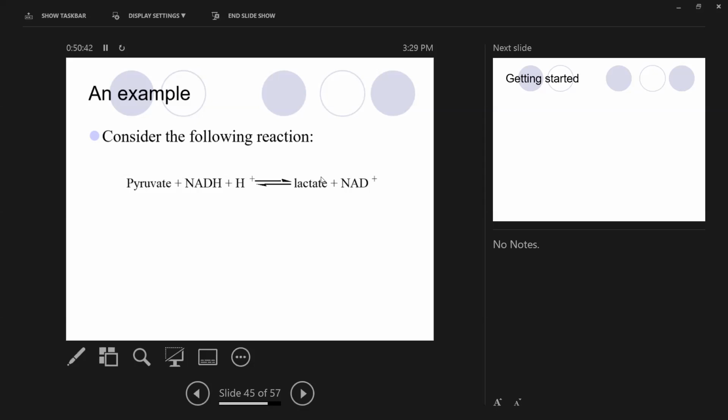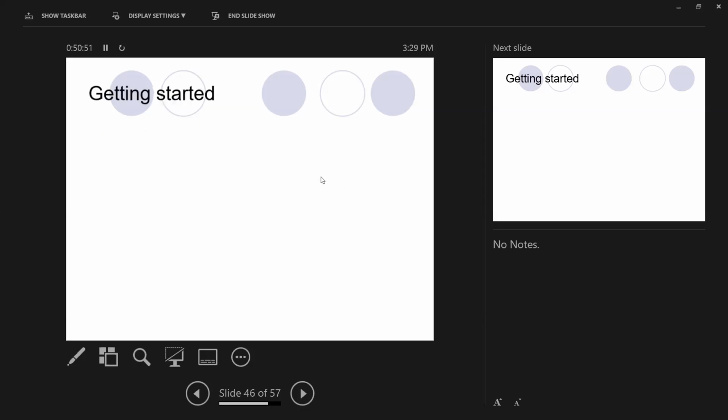So this is an oxidation reduction reaction, right? Let's analyze it. Let's calculate some numbers from it.